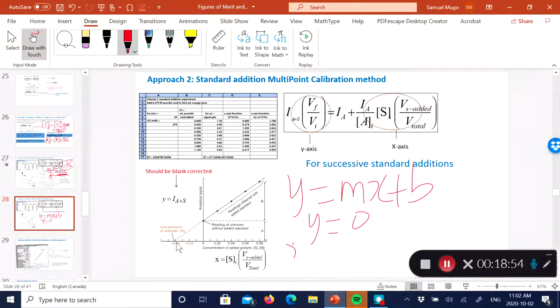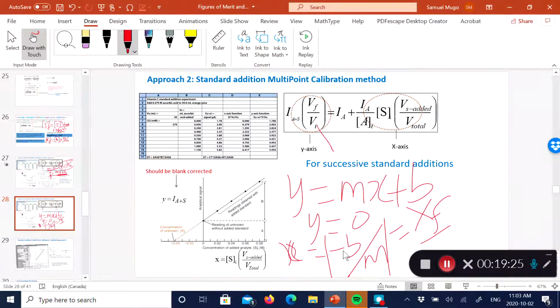And so x is going to be equal to -b divided by the slope. And again, remember, we only care for the magnitude, so just ignore the negative sign. Okay, and so the number that you get in this case is actually going to be the x final, or the analyte final. Now the analyte final has not accounted for the dilution.